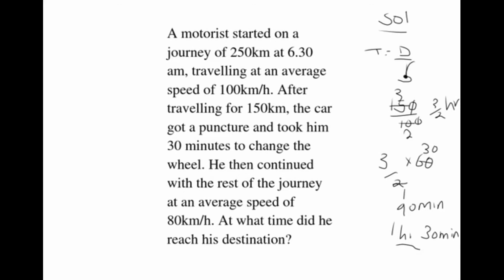Then from there, we can proceed. The car got a puncture and took him 30 minutes to change the wheel. Then he continued with the rest of the journey at an average speed of 80 kilometers per hour. Therefore, we have 30 minutes to change the wheel.